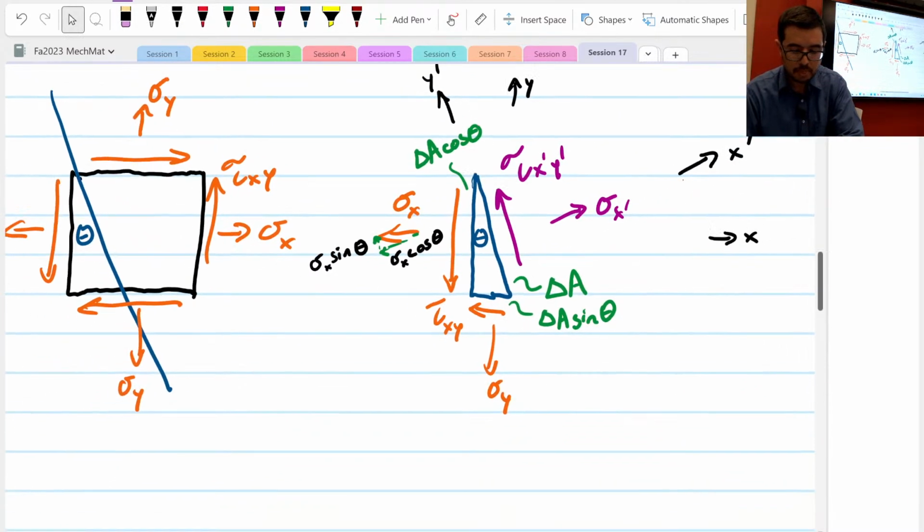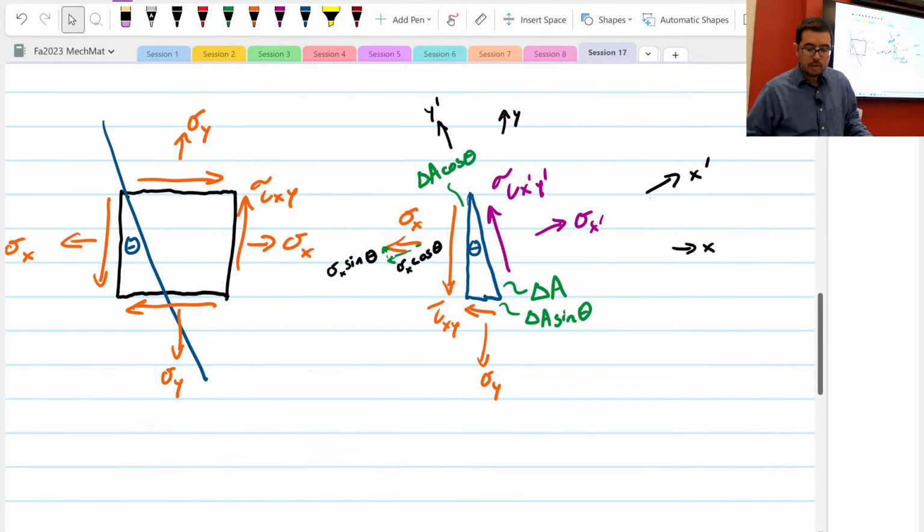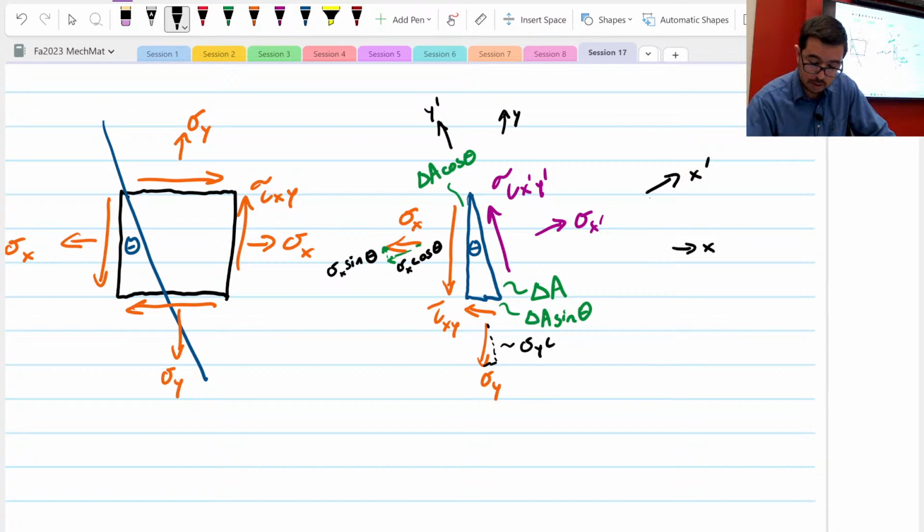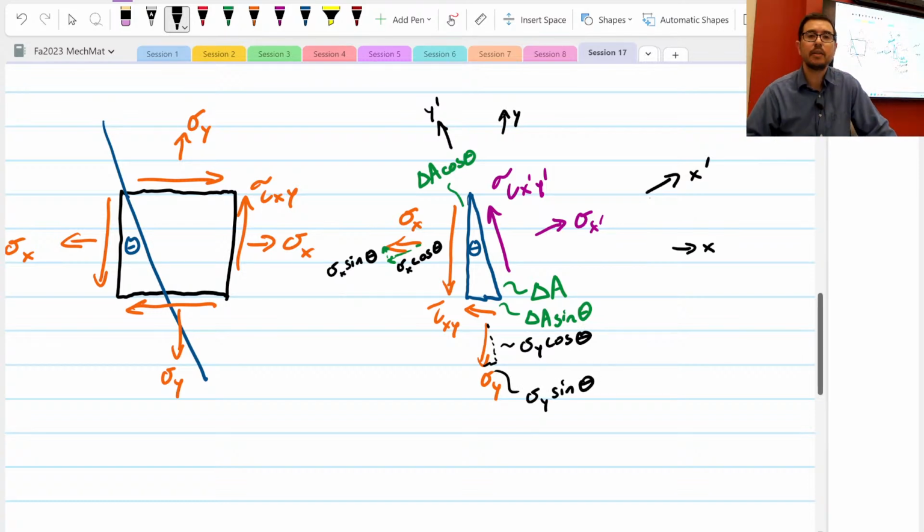If I move to this component, again, exaggerated triangles, I need one that's in the y prime direction, and I have one that's in the x prime direction. So this component is going to be sigma y cosine theta. And this component is going to be sigma y sine theta.